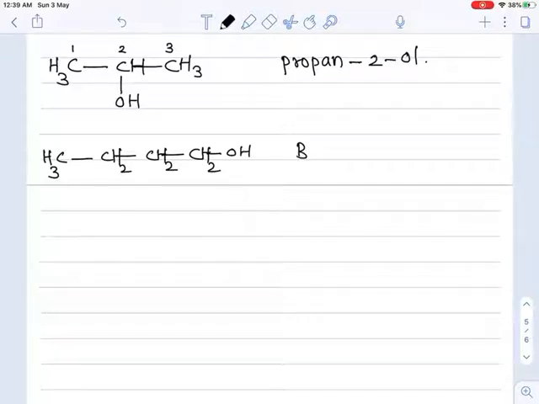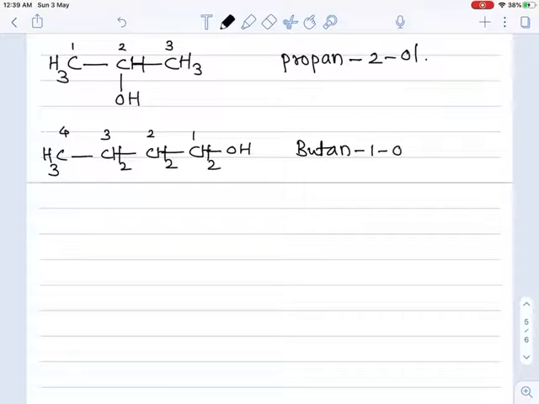So it is a 4 carbon containing chain, that is a butane derivative, and at carbon number 1 the OH group is attached. So this number 1 is written before the suffix OL. So its name is butan-1-ol.